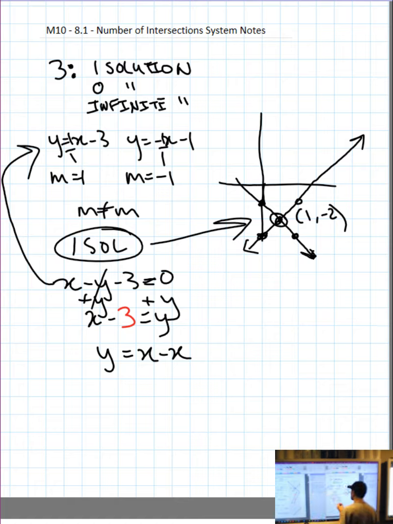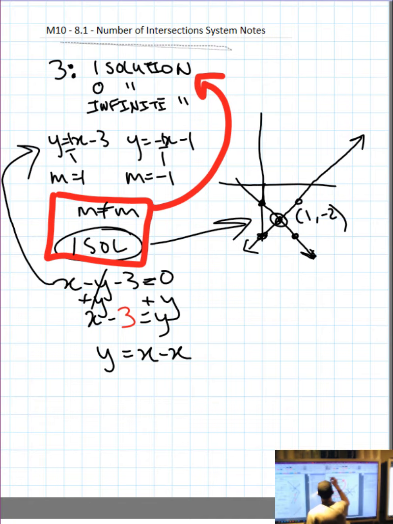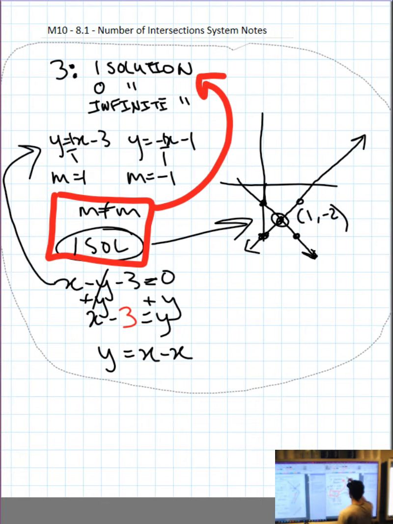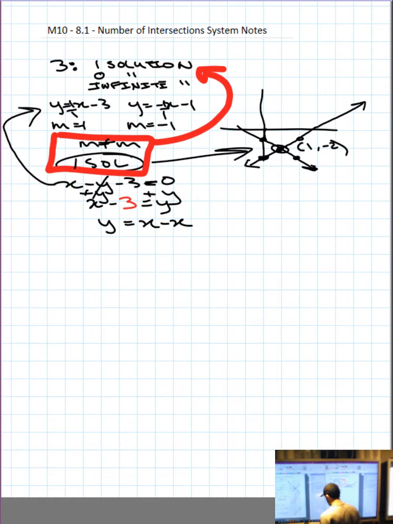And if we have different slopes, we get the first case, one solution. Again, different slopes. Logically, no matter what the x and y intercepts are, they have to intersect at some point in the future. Whoops. Notice I messed up that graph. The point and slopes are not working anymore, but they are in the notes.